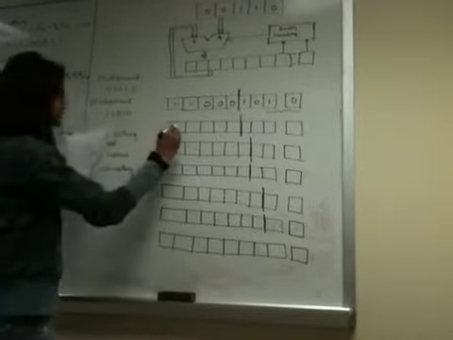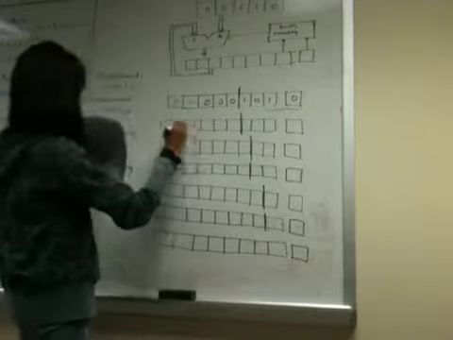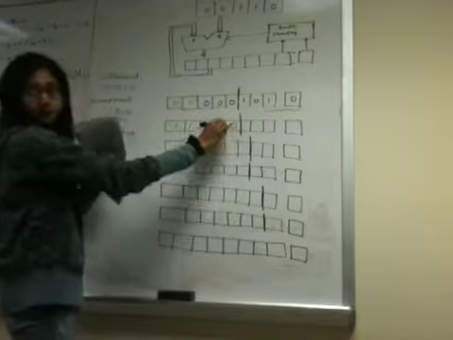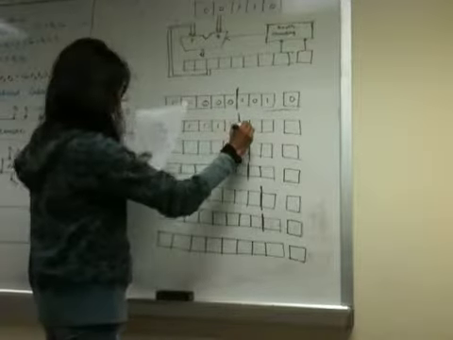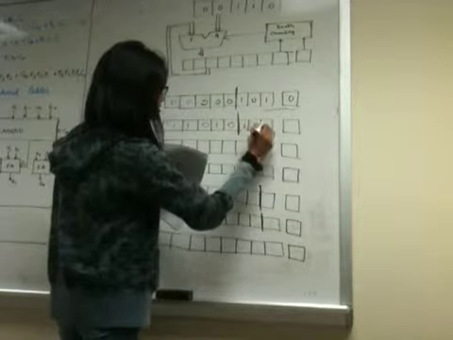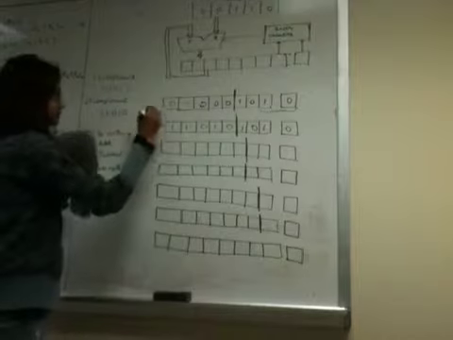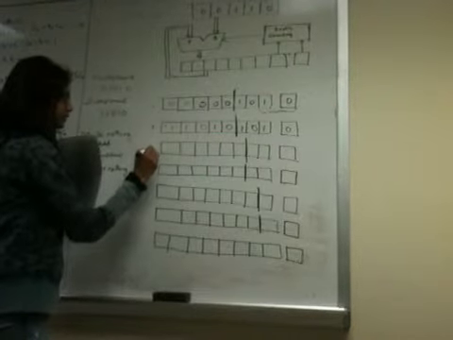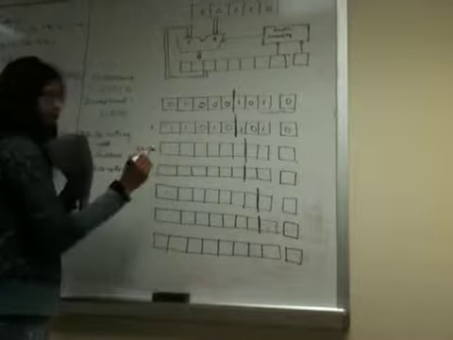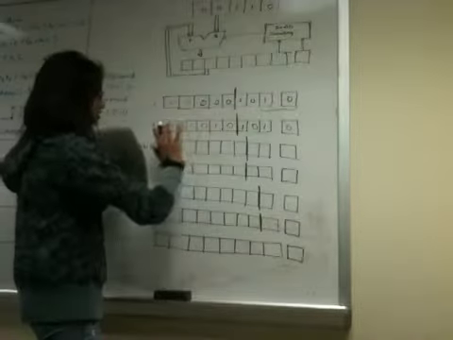So essentially the next step I will have 1, 1, 0, 1, 0, and this stayed as it is. Okay? So that was my first step. Next step is my shift.